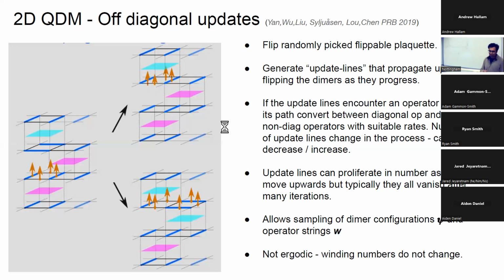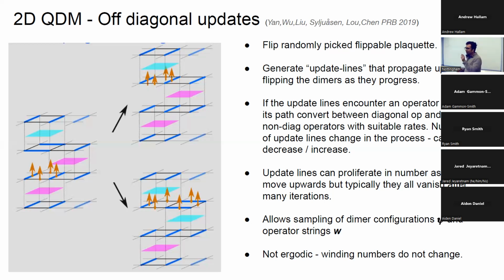So the bottom line is that the generalization from the spin case is that as I keep updating the vertices in the successive configuration, I allow the number of update instructions to proliferate.